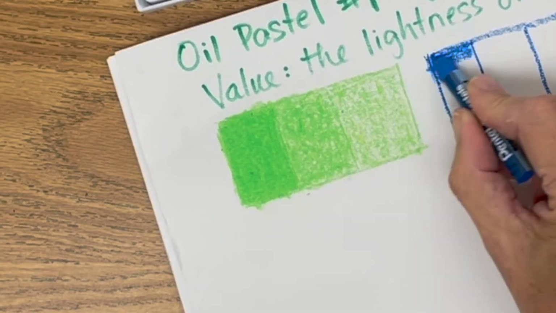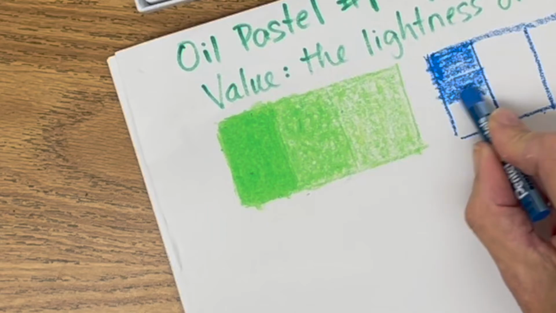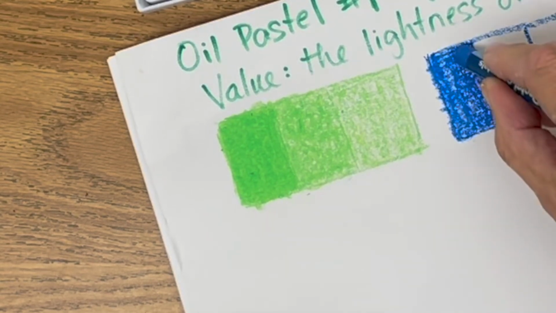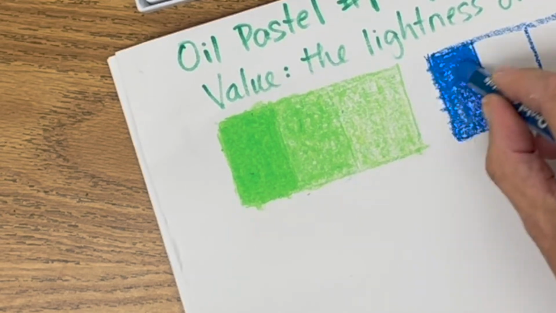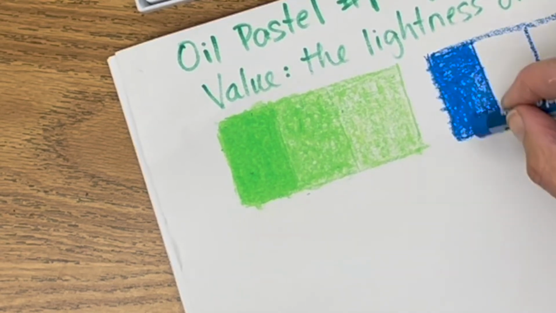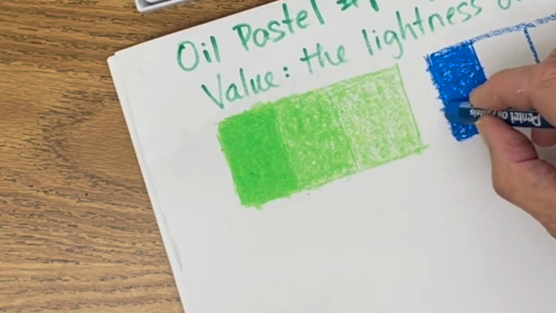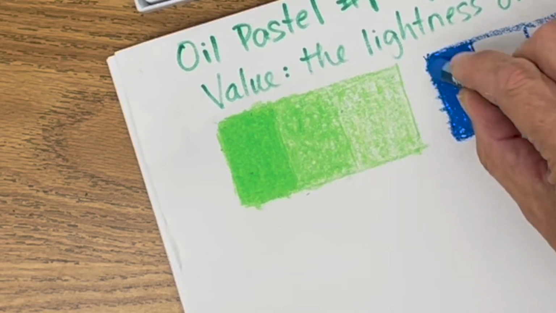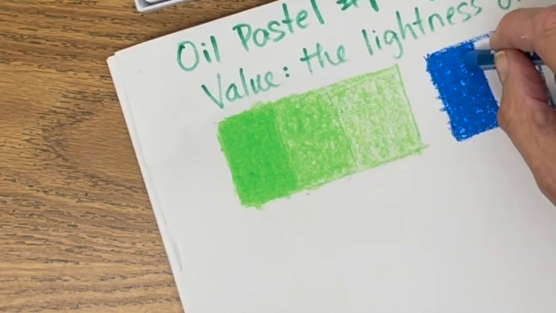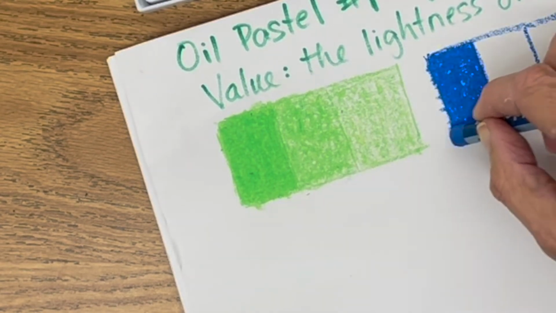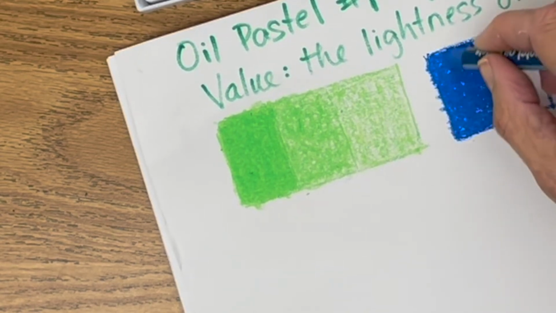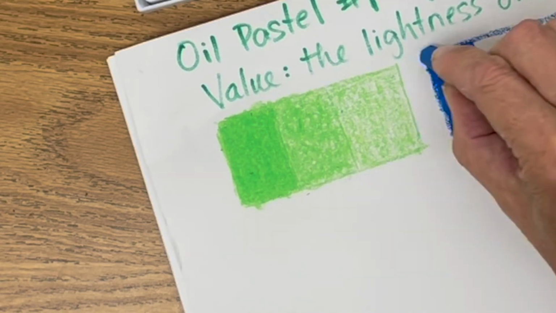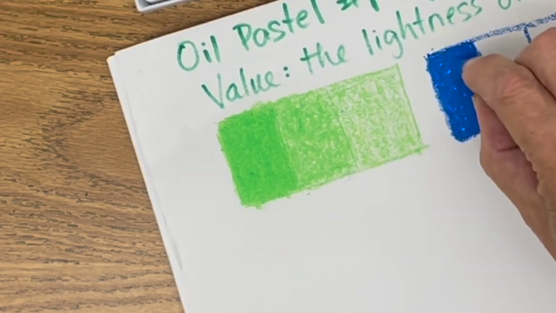So I'm going to do a medium value, and I'm going to go a couple of directions to get an even coating with very few white speckles. Now, the darker the color, the easier it's going to be to see the white speckles. They're going to show up more. So you really want to get those filled in for the darkest value or the most intense color.